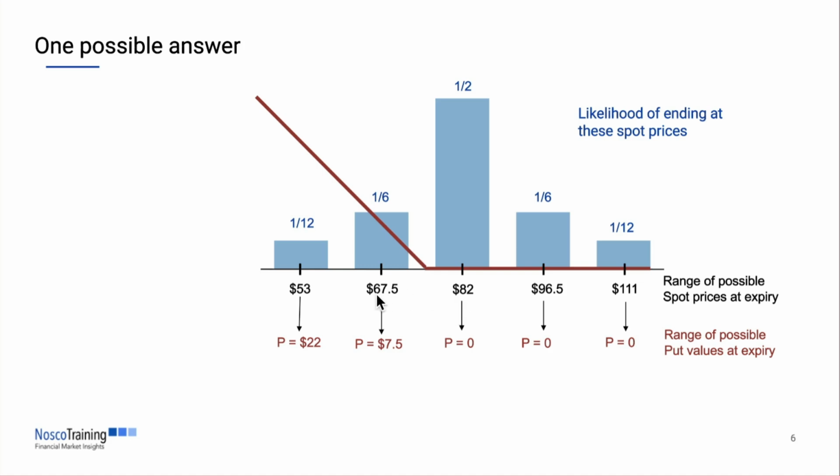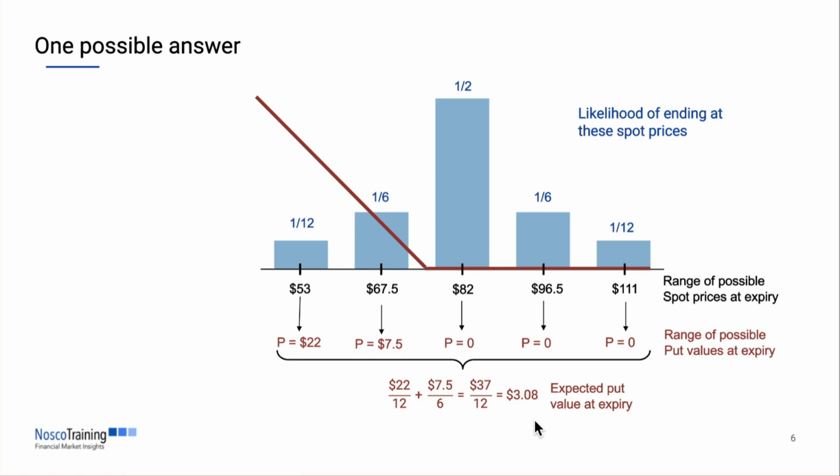If we end at 67.5, the put is the right to sell at 75. The spot ends at 67.5, so the put is worth the difference, namely $7.50. Similarly, if we end at 53, the put is the right to sell at 75, so we are 22 better than the market price, so the put has a value of 22. Remember, you all did that. So from a range of possible spot prices, we came to a range of possible put values.